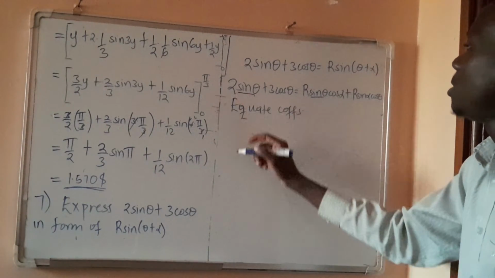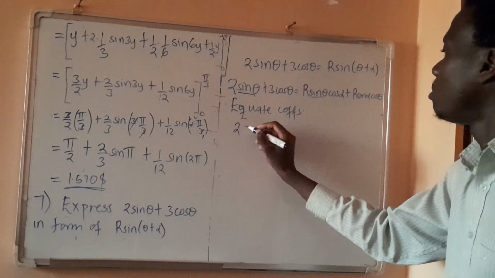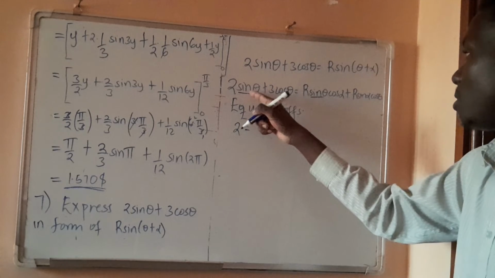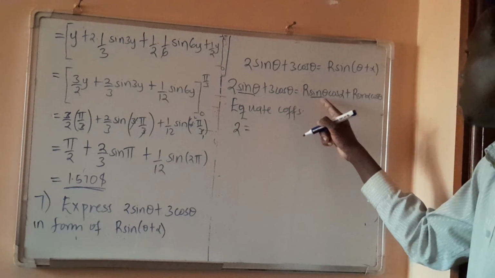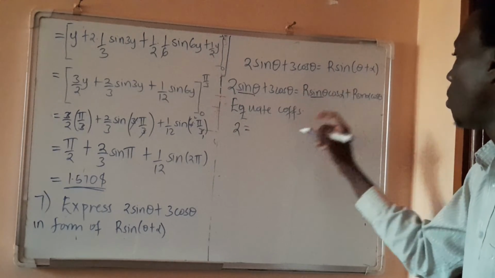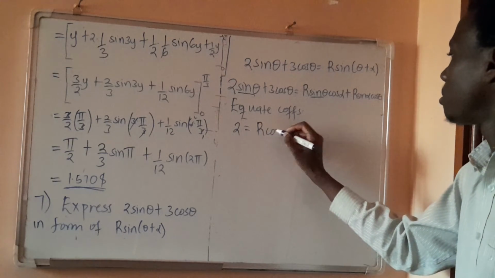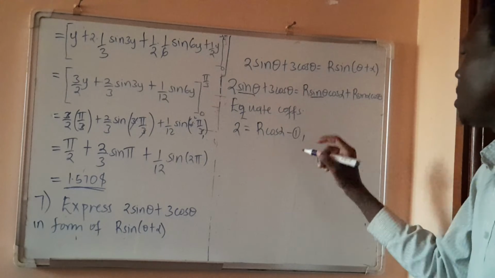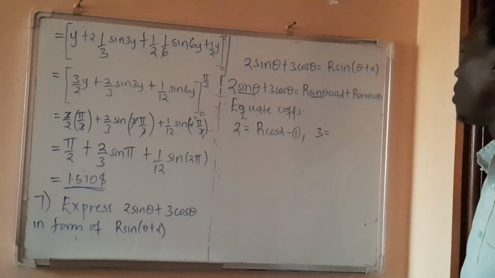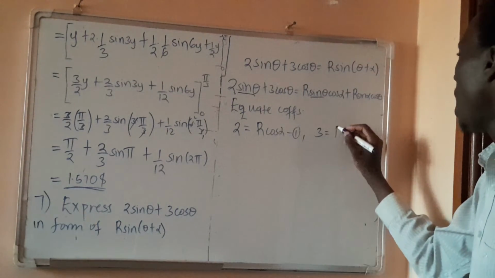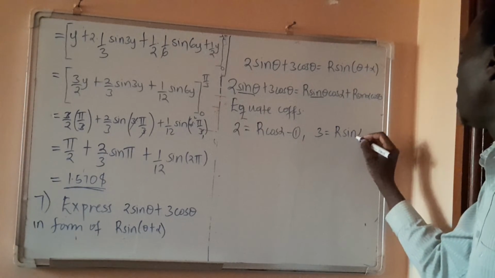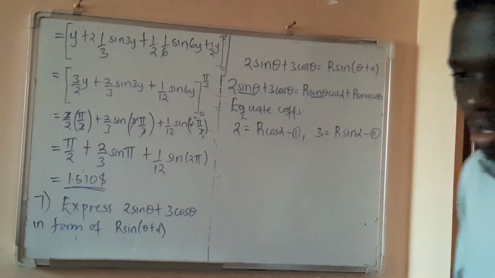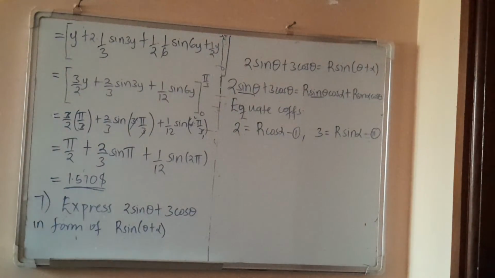The coefficient of sine theta is 2, and on the other side the coefficient of sine theta is R cos alpha. I can call that equation 1. The coefficient of cos theta this side is 3, and the coefficient of cos theta on the other side is R sine alpha. This is equation 2.